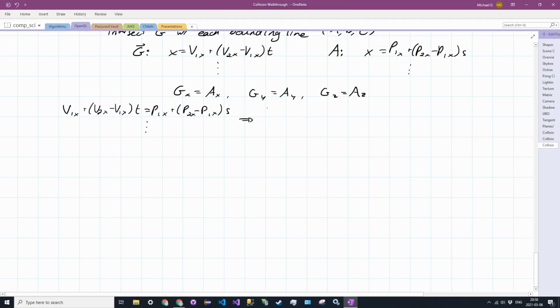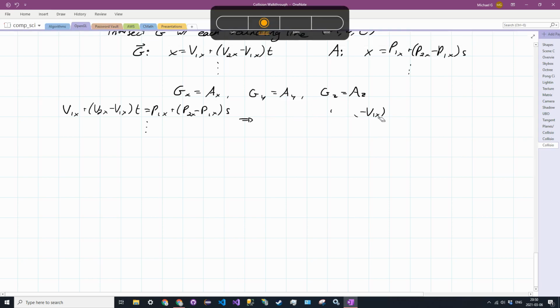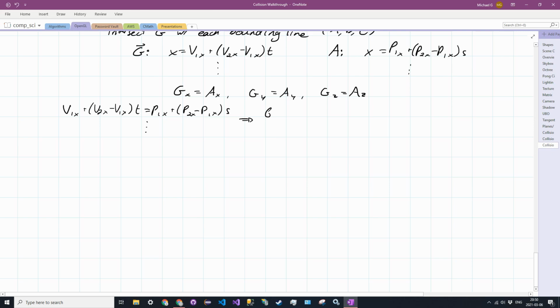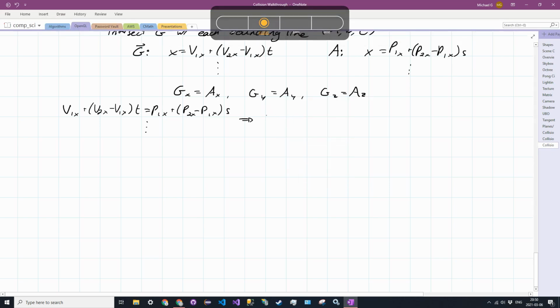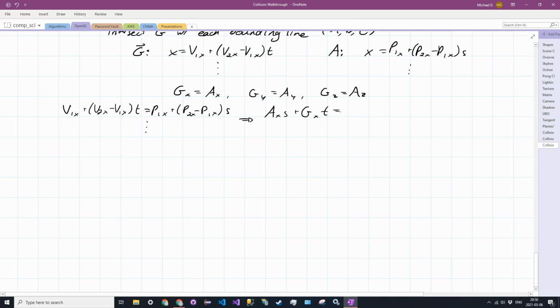So we have p2x minus p1x times s plus v2x minus v1x times t, or I'm actually just going to use the vector components here. So ax times s plus gx times t is equal to v1x minus p1x, and so on and so forth for x and for y and z.